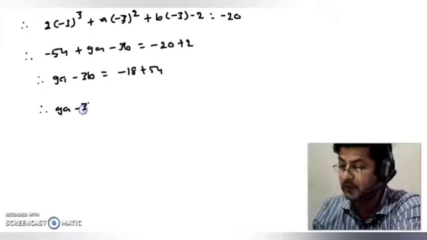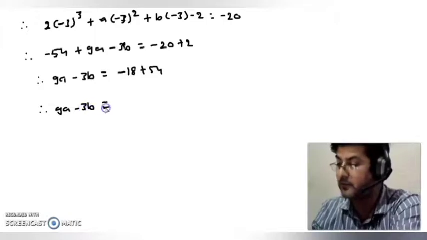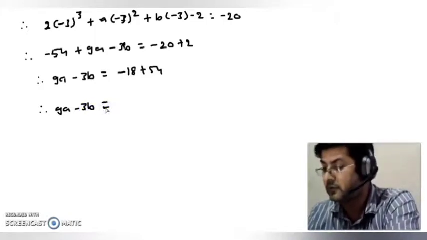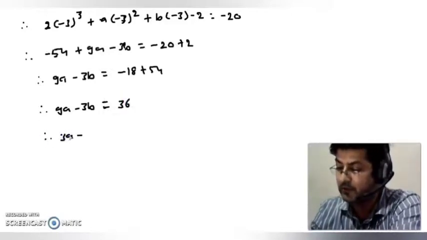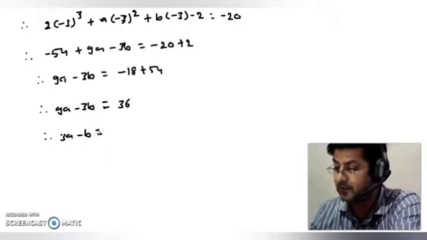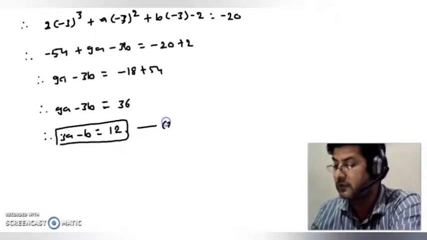Therefore 9a minus 3b is equal to 36. Let us take 3 common. Therefore 3a minus b is equal to 12. This is the second equation.